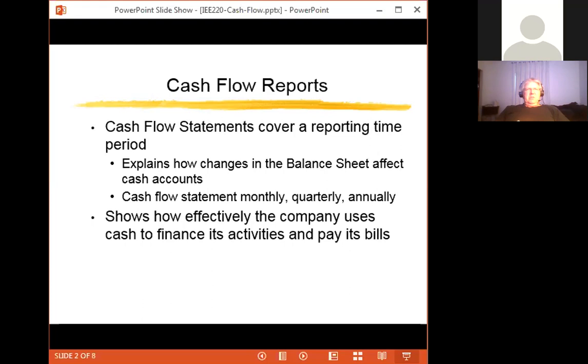Cash flow statements are looking at how effectively we use the cash to finance its activities and pay its bills.